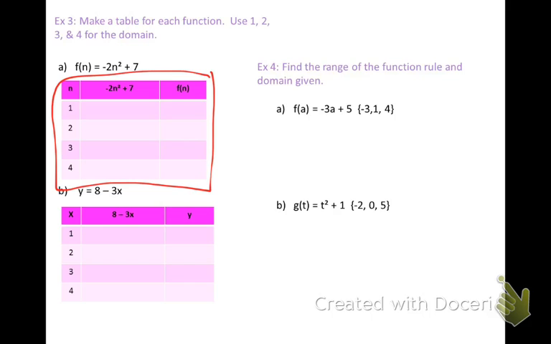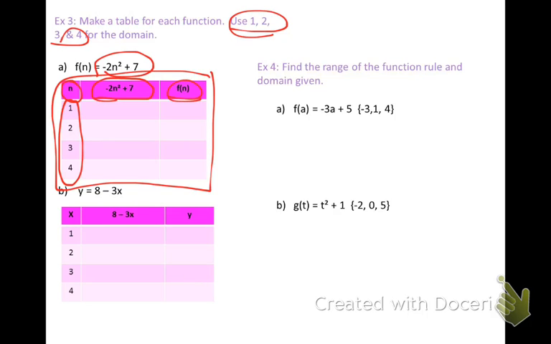And what you're going to have is they say use 1, 2, 3, and 4, so I put 1, 2, 3, and 4 in the inbox. And then in the middle will be your equation they want you to use. And this will be your answer. And that's all you're going to do on this one.